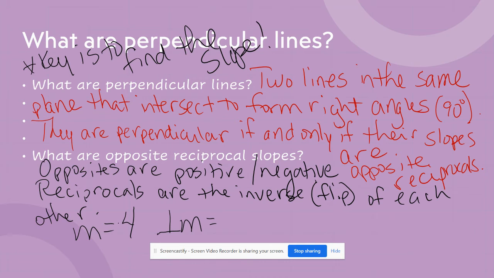So the opposite of a positive is a negative, and the reciprocal or flip of 4 is 1/4, because remember there's technically a 1 there, so if I flip it upside down, it's 1/4. If they give us a slope of negative 3/2, the perpendicular slope, then the opposite of a negative is a positive, and if I flip that slope, then that's positive 2/3.